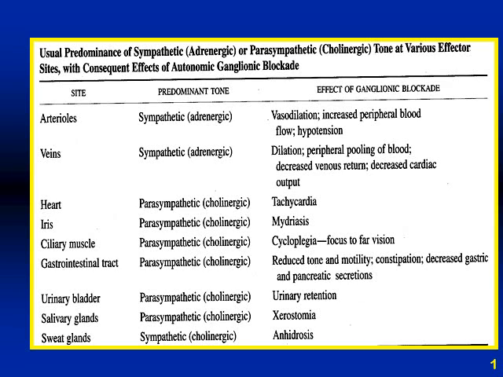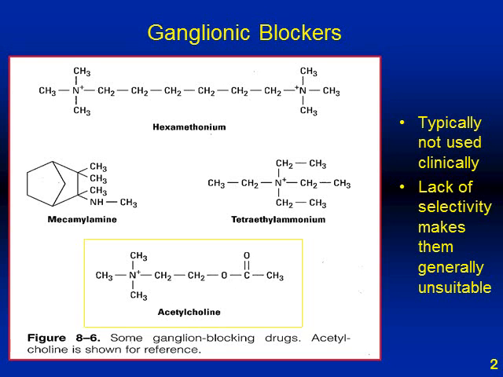Remember, the ganglionic blocker is going to be inhibiting the nicotinic receptor in the ganglion, which is also known as the neuronal type of nicotinic receptor. And so this slide has a depiction of some compounds which exhibit an ability to block the neuronal type of nicotinic receptor in the ganglion.